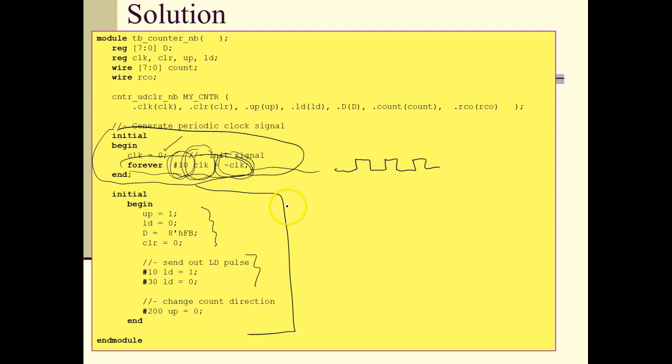Then I have this other initial block that is going to be assigning the other inputs. The cool thing is I can have as many initial blocks as I need in my design. They run nicely together in parallel, so no need to worry about that. This is a case where we pretty much had to do it separately, just because it made the periodic signal generator doable.